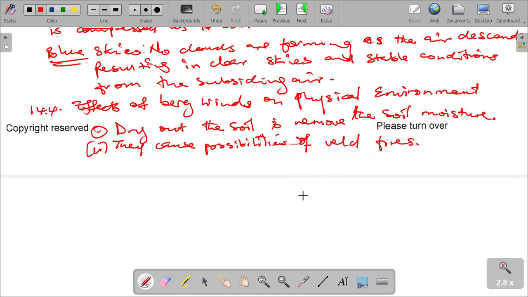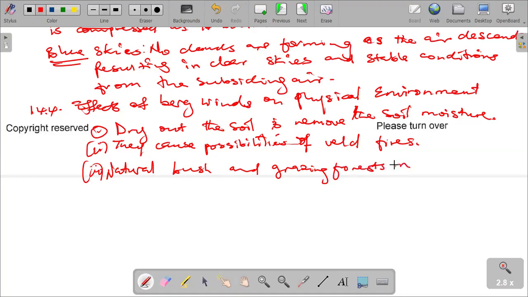We call that fires which can just start because of high temperatures, and then natural bush and grazing forest may be lost because of the fires that we are referring to there.